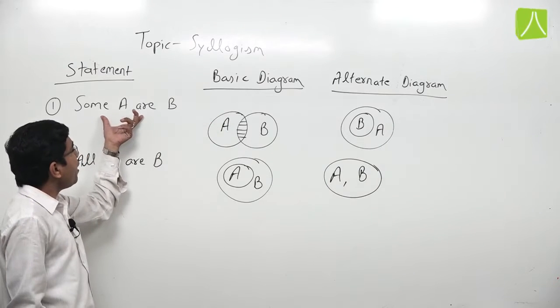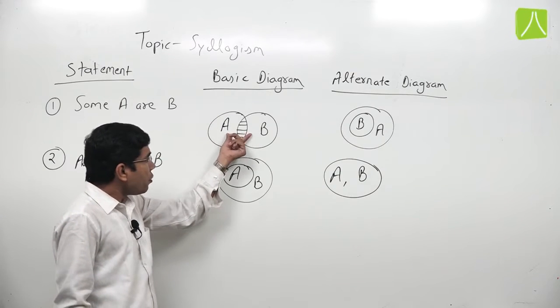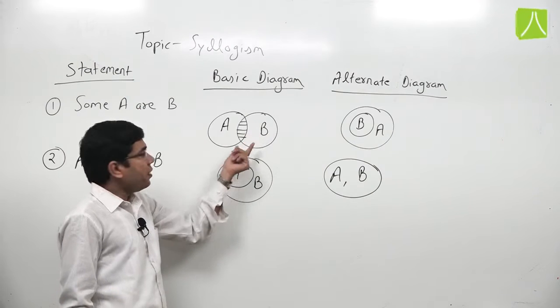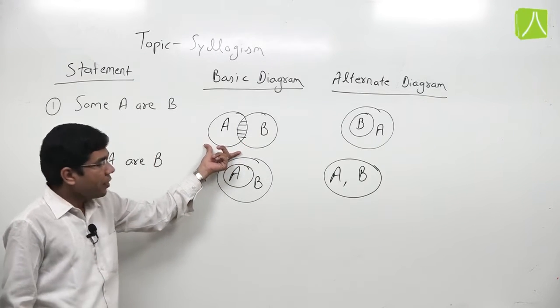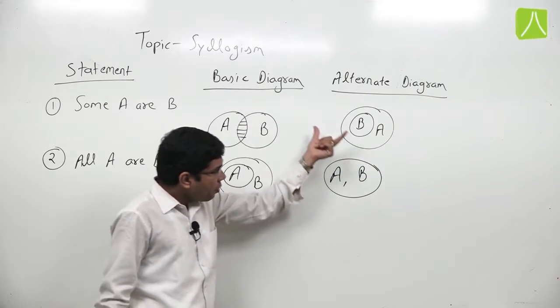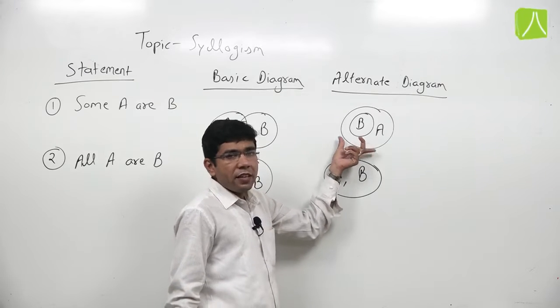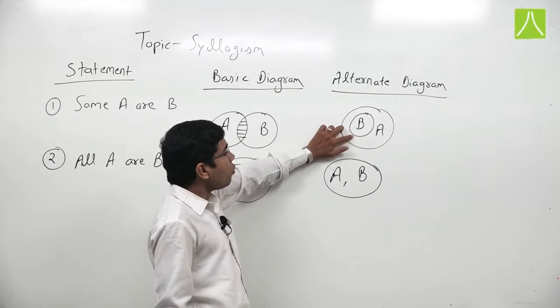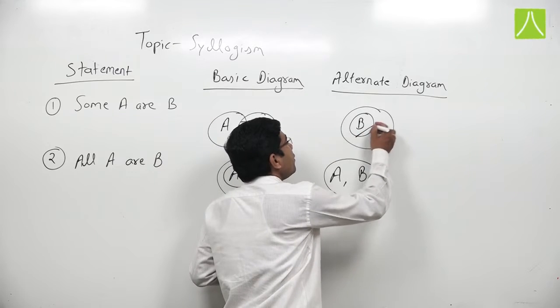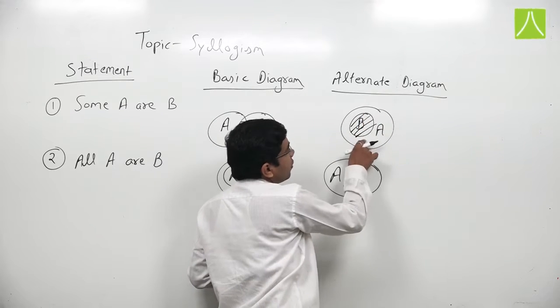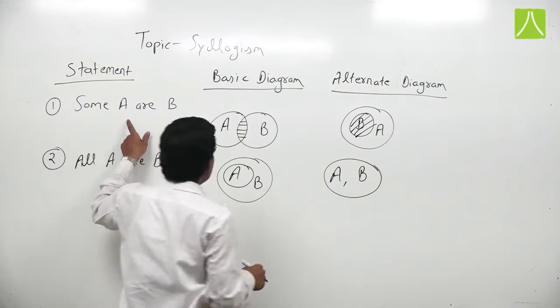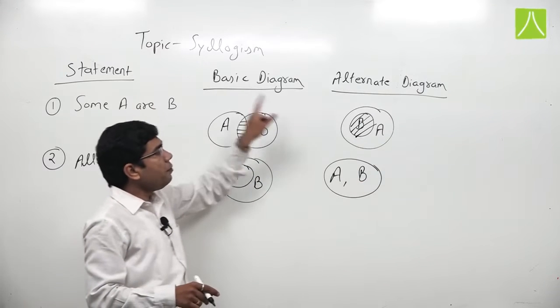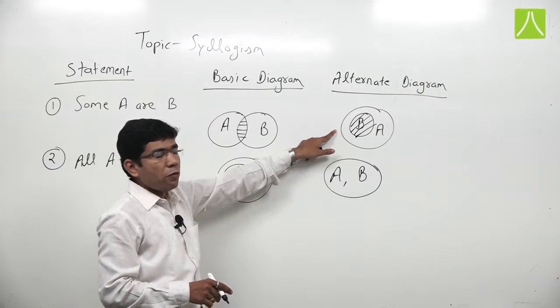Here some A are B means some part of A is related with B, which is shown in this diagram. But this can also be drawn by this diagram, where this statement is also correct. Here also we can say that the A in this portion are also B, which means some A are B can be drawn by this diagram also.